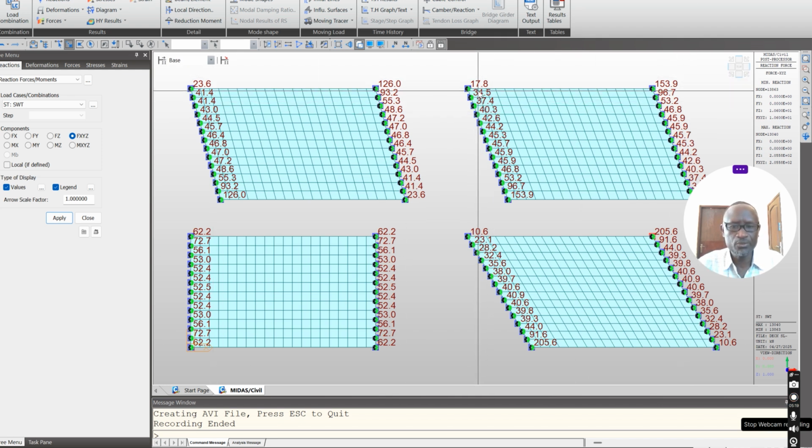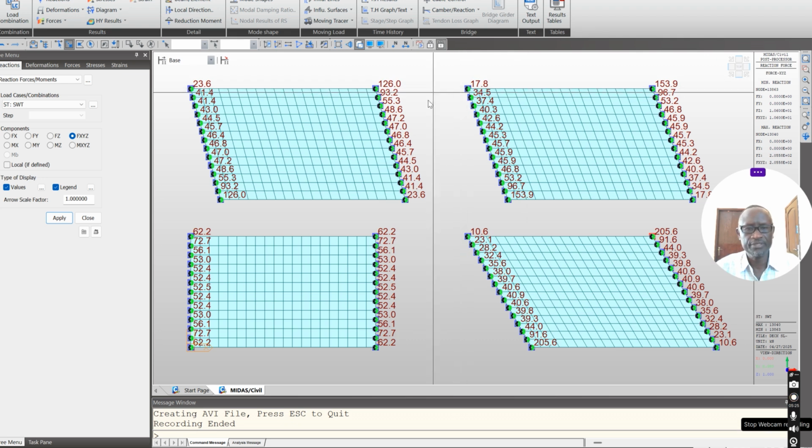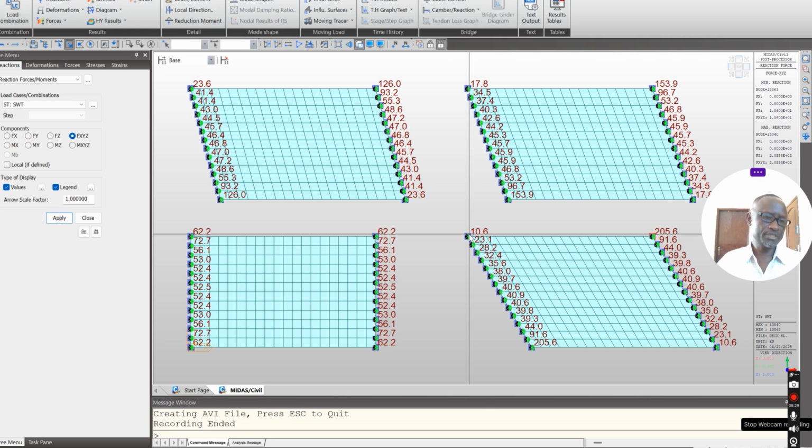While the acute tends to reduce, to 17, and then here to 10. So the obtuse angle reaction increases while the acute angle reaction reduces as you increase the skew angle. That is due to self weight.